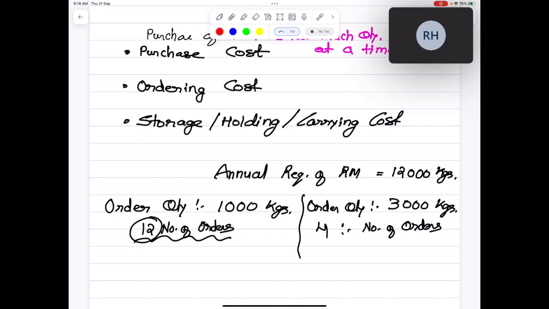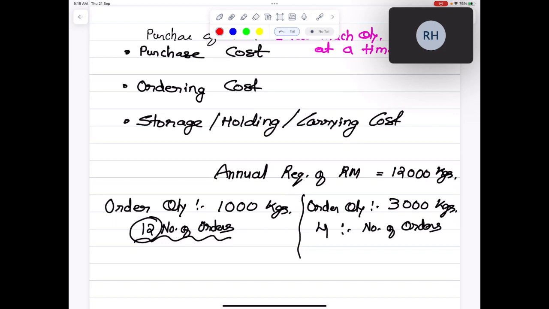So if you order less quantity at a time, ordering cost will increase. But the benefit will be your storage cost will be lower. Vice versa, if you increase the order quantity, you can save on ordering cost, but the negative point is your holding cost, your storage cost, your carrying cost will be higher as compared to this.